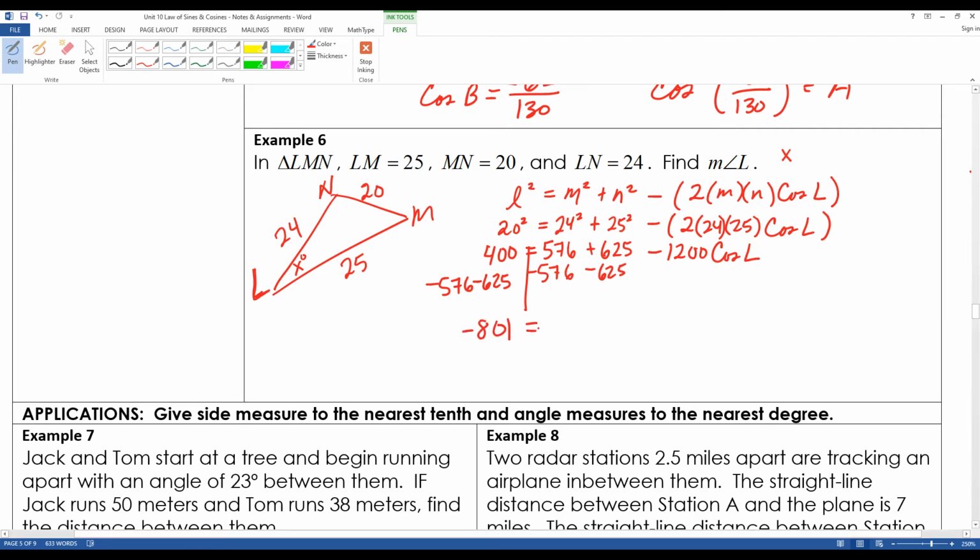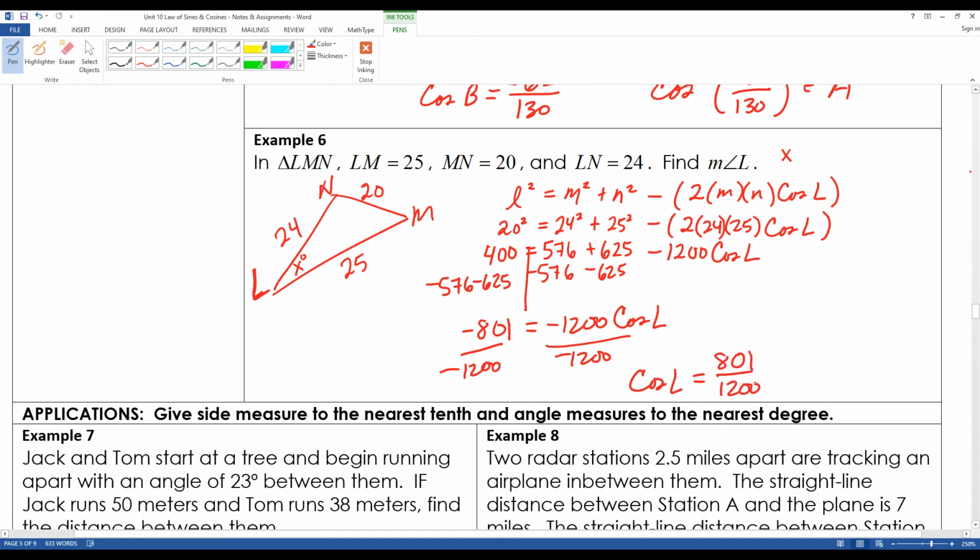So that's going to equal our negative 1200 cosine of L. Now if we divide by negative 1200, our cosine of L is going to equal 801 over 1200.